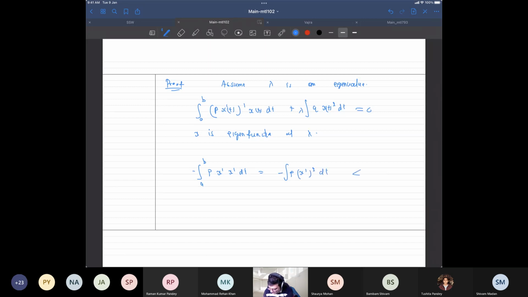So this is always going to be negative because p is positive and x prime square is positive. Now you look at this side. If q is positive, this is positive. So this has to be positive. So this implies that lambda integral a to b q x(t) square dt has to be positive. This implies lambda has to be positive. Okay, so I gave the complete proof.